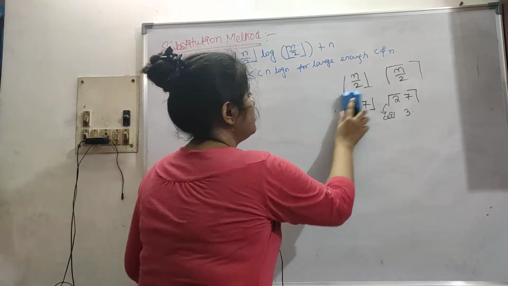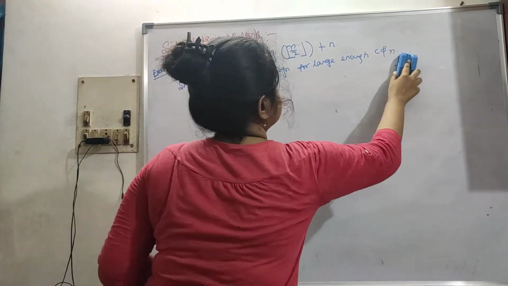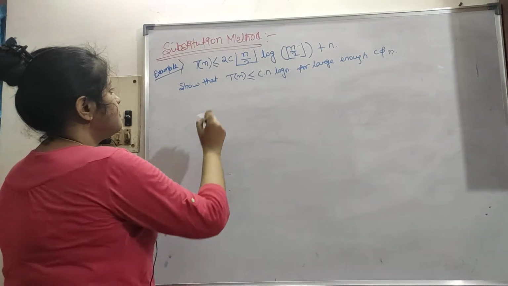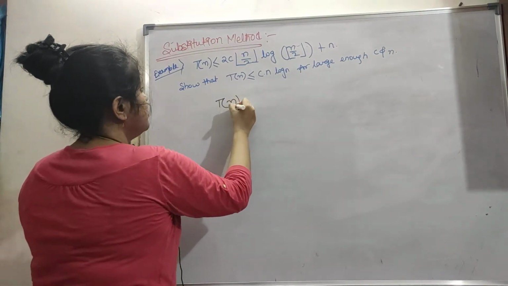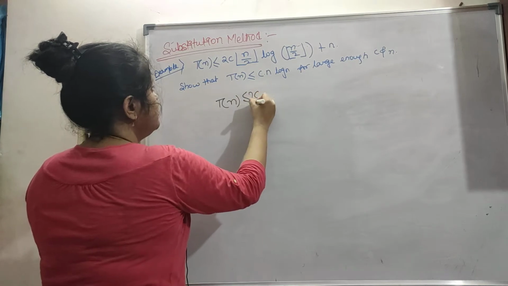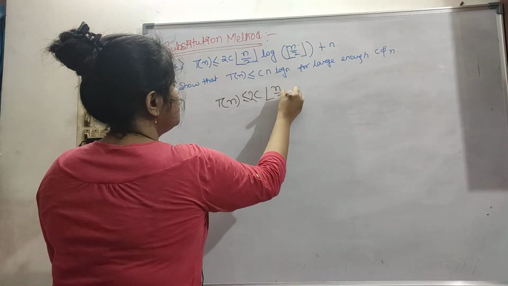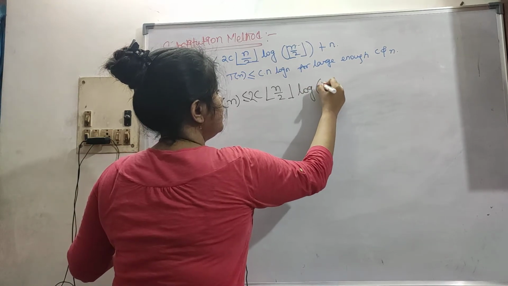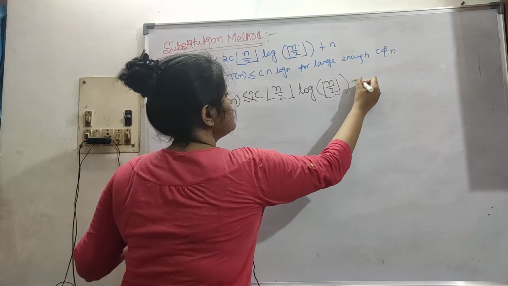So now let's look at this example here. The recurrence relation is given: Tn is less than or equal to 2T of floor of n by 2, plus n.